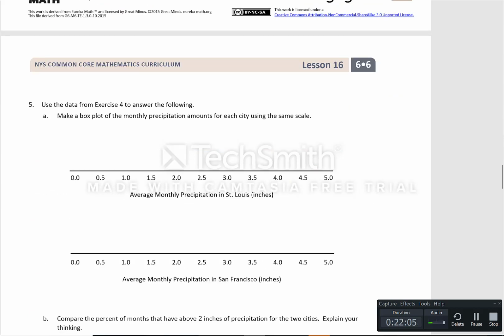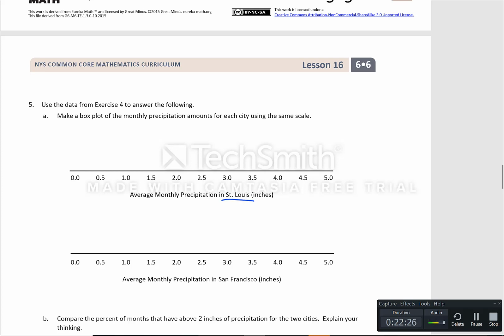And now on for 5, which is our last one. Use the data from exercise 4 to answer the following questions. Make a box plot of the monthly precipitation amounts for each city using the same scale. Alright, so this one I have St. Louis.